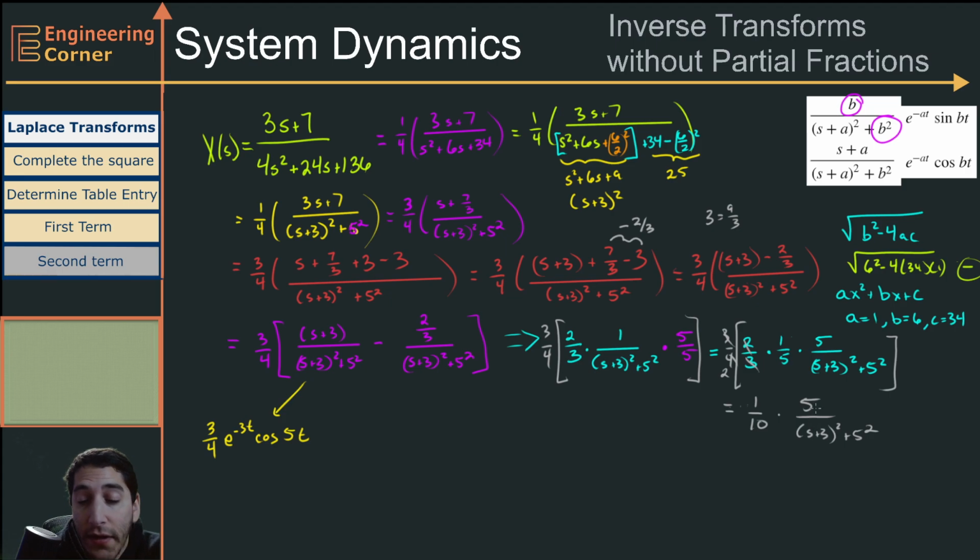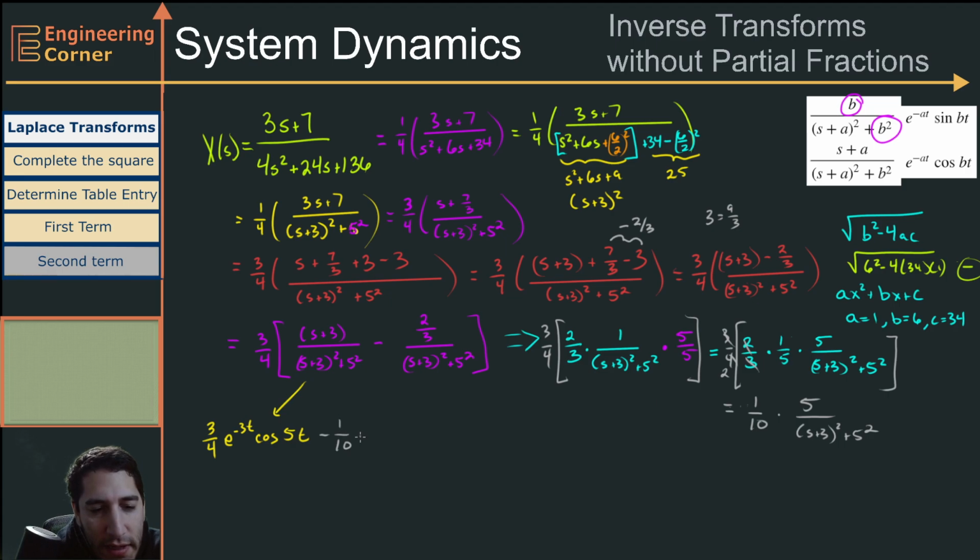Okay, now this is good. I have this is the same as this. Now I just got to pay attention. It's a minus. So I'm going to have minus a 1/10. I've already multiplied that 3/4 through.